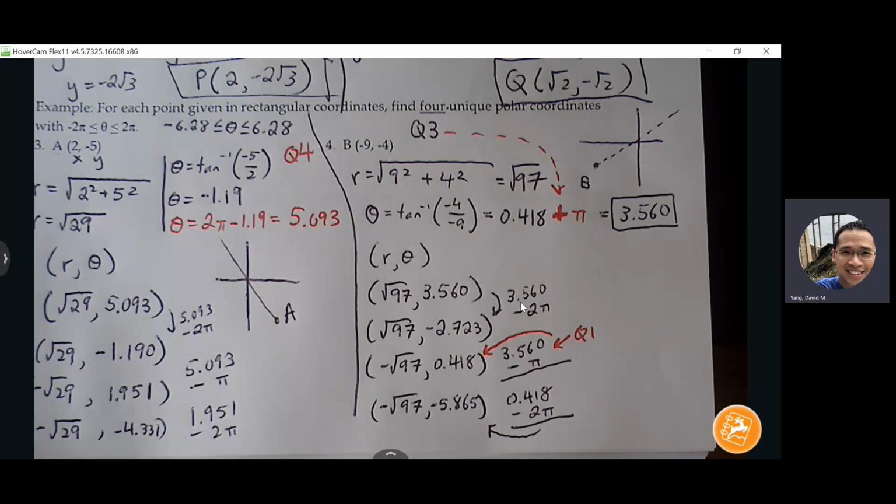So I have two ordered pairs from the perspective of the third quadrant, and I also have two ordered pairs from the perspective of the first quadrant. The third quadrant measures are just coterminal angles. The first quadrant radian measures are just coterminal angles as well.